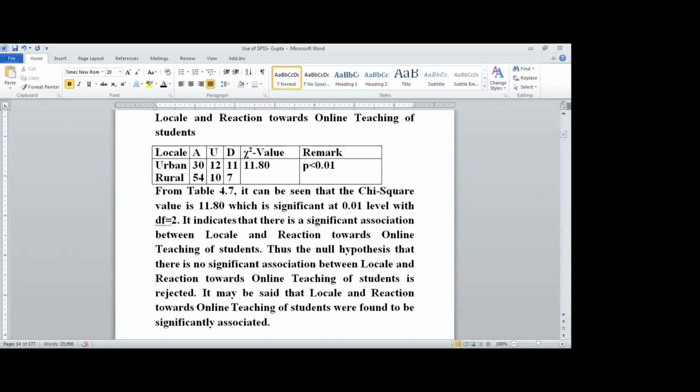This becomes your interpretation if you have a significant value. Is it all right? Have you understood, or do you want to ask any question? The chi-square is very, very simple. There is no problem in that.